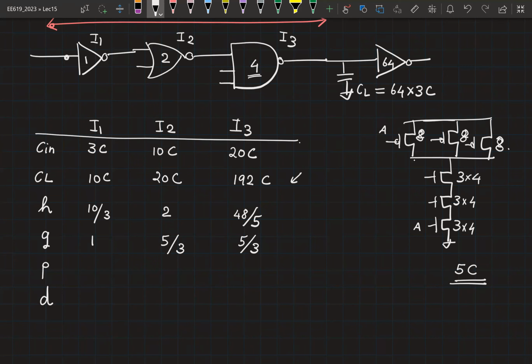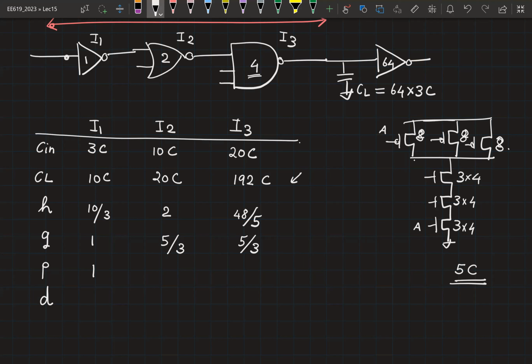Parasitic delay of an inverter? 1. Parasitic delay of NOR 2? Does the parasitic delay depend on the gate sizing? It doesn't depend on the gate sizing. So what is the parasitic delay for I2? Output capacitance of a NOR 2 gate divided by the output diffusion capacitance of an inverter.